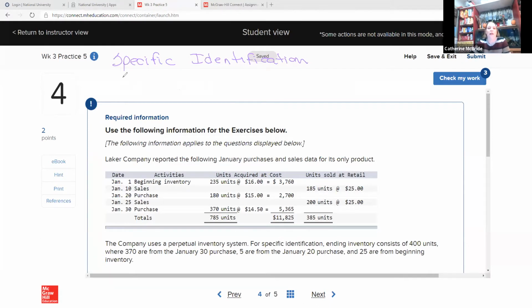And then there's first in, first out. We call that FIFO. First in, first out means, but all of these are cost flow assumptions. In other words, they're not physical inventory flow, they're only cost flow.